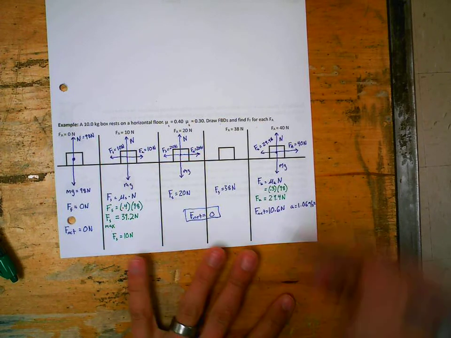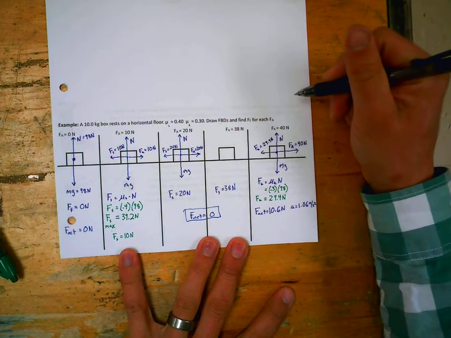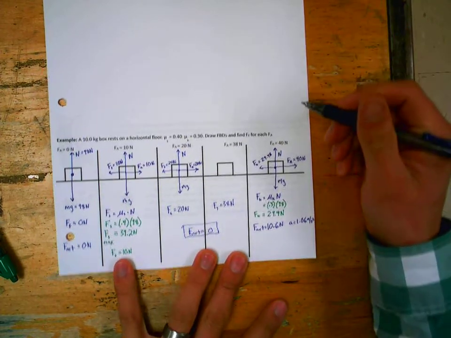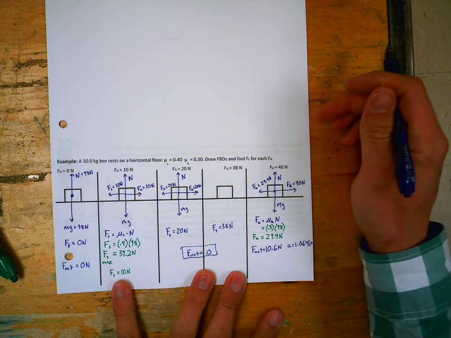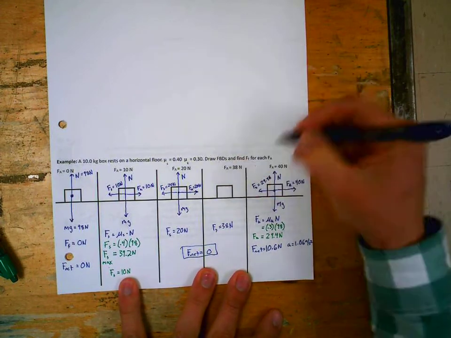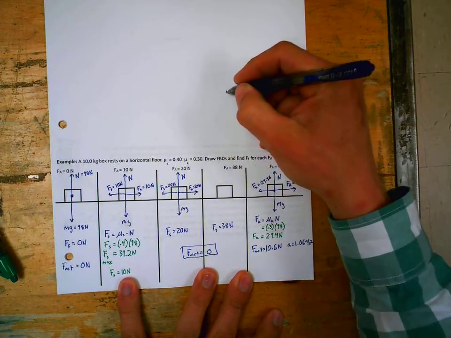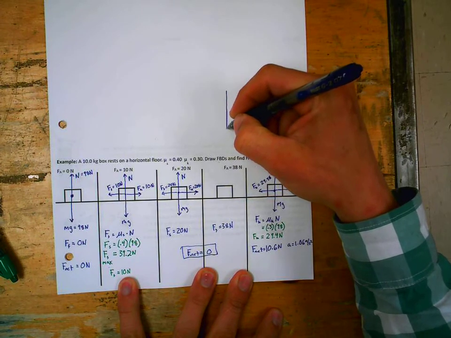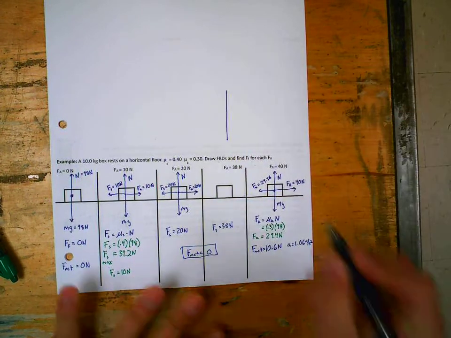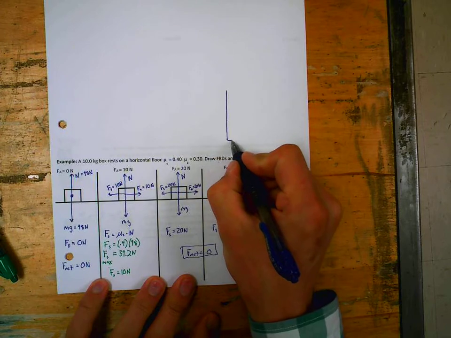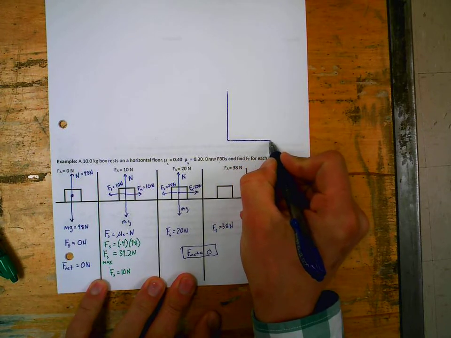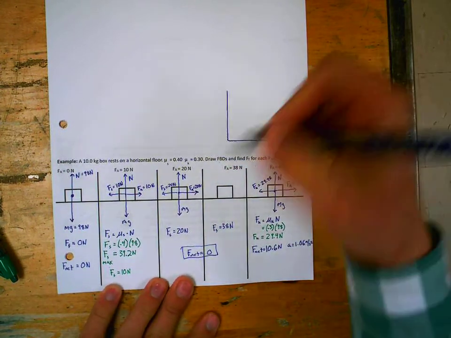Okay, now, do you guys have a little room up here to sketch that graph? Maybe you do it on the back side or something like that. I'm just going to use a little of my space right here. So let's graph what we just did. And this would be the same for any situation like this.